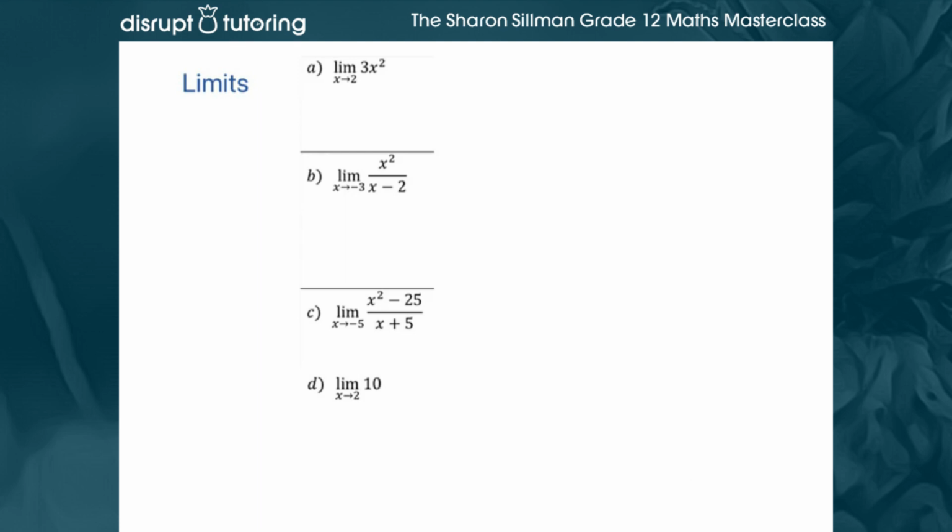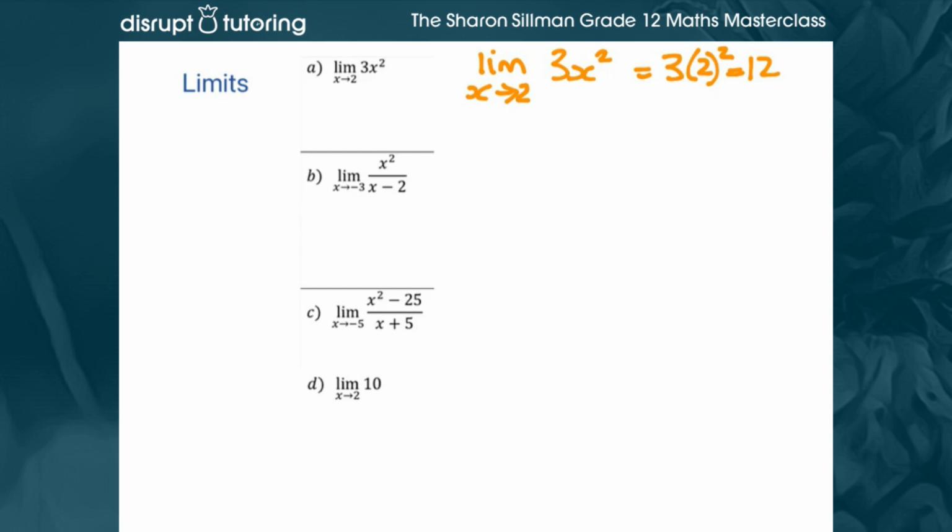We're just looking at 3x squared. So there's nothing that can cause this function to be undefined. So therefore, all we have to do is simply substitute 2. So we'll set it out like this. The limit as x tends to 2 of 3x squared would be equal to, I am putting 2 into x's place, and you simply do that calculation.